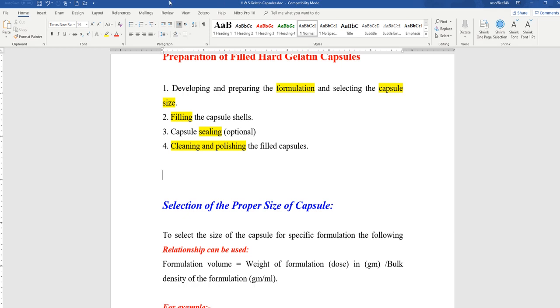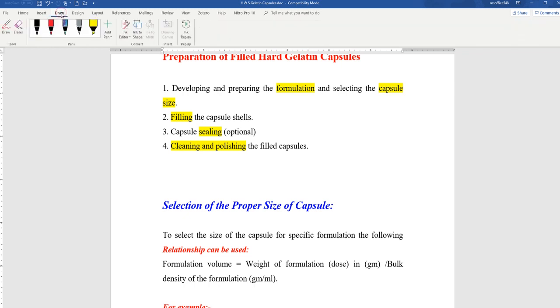And then calculate the bulk density. What is bulk density? If you remember, what is bulk density? Okay, the density of the bulk.